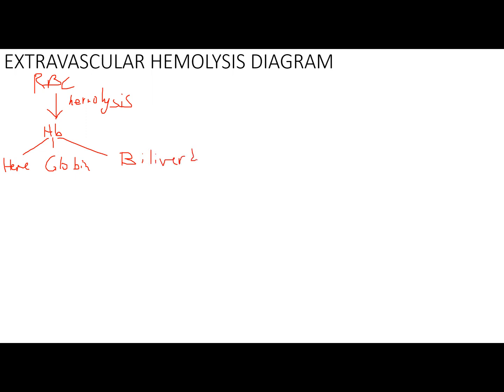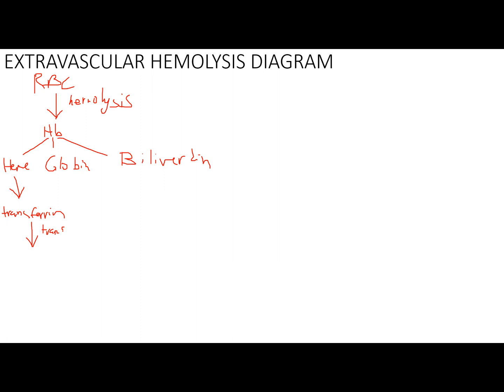Yung biliverdin class galing yan sa hemoglobin. So, si heme class would now go or would be attached to yung tinatawag nating transferrin. Now, transferrin class would either do the following.